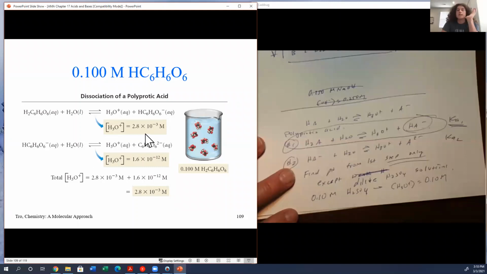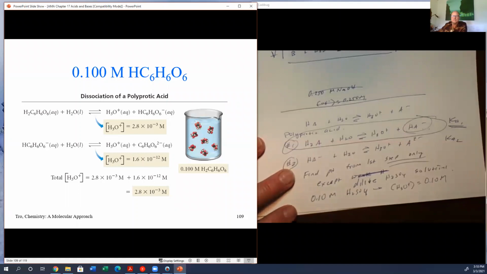Basically 2.8 times 10 to the negative 3. Because this is like 0.0028, and this is like 0.000000000 something. So when you add these two numbers together, that's like weighing yourself with and without a penny in your pocket. It's not going to make any difference. So the second step is completely negligible.